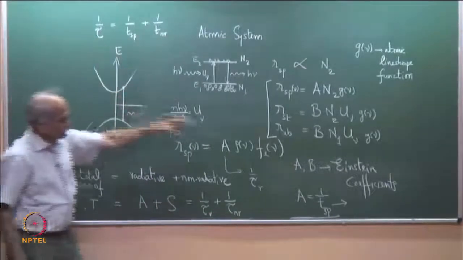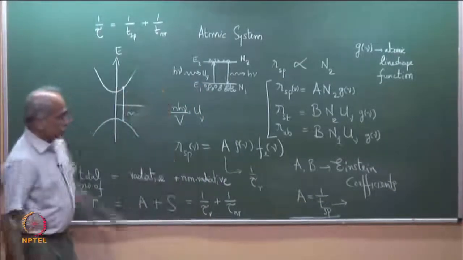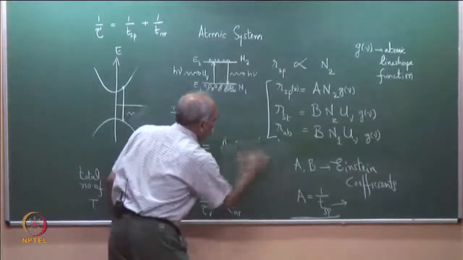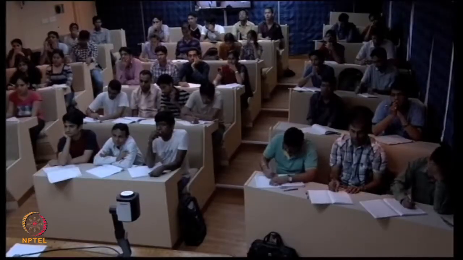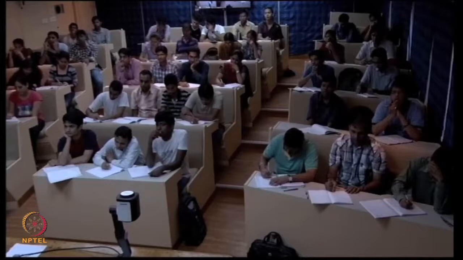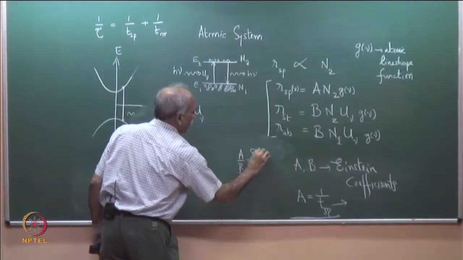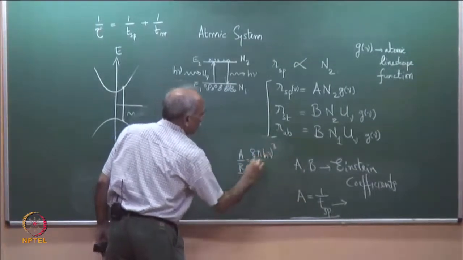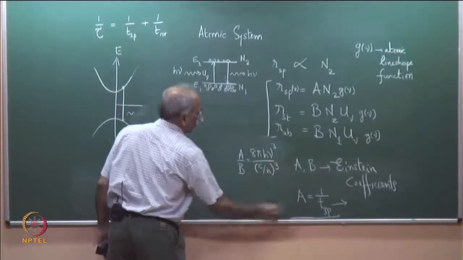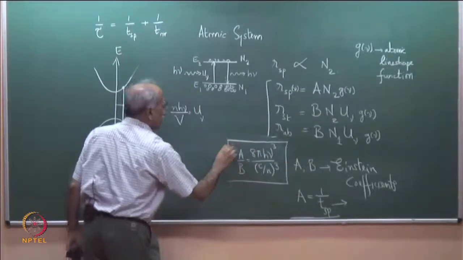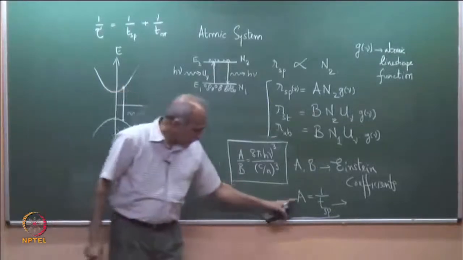So, A is given by 1 over TSP, this is called the spontaneous emission lifetime, and the relation between the Einstein coefficients A and B is given by A by B equal to 8 pi h nu cube divided by c cube, or in a medium of refractive index n, it is c by n cube. This is the relation between the Einstein coefficients A and B, and A is equal to 1 over TSP.